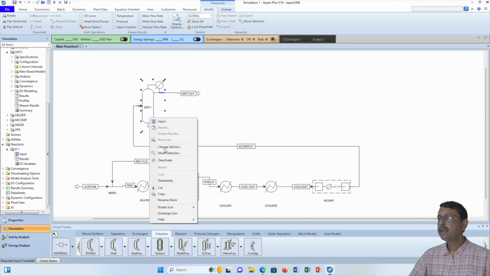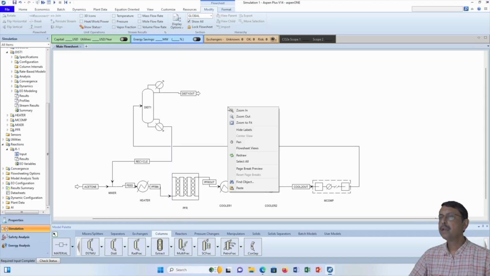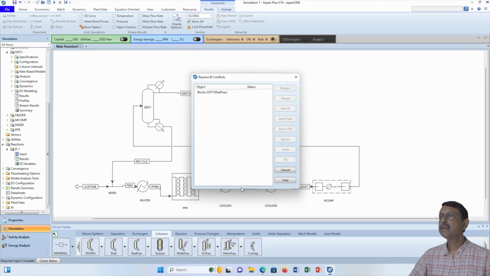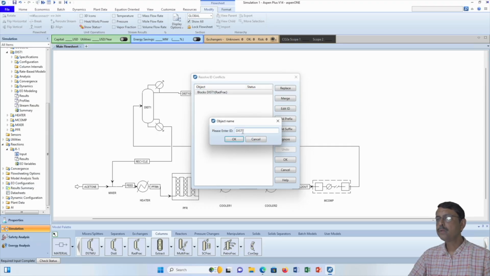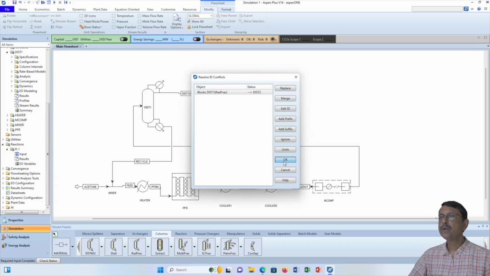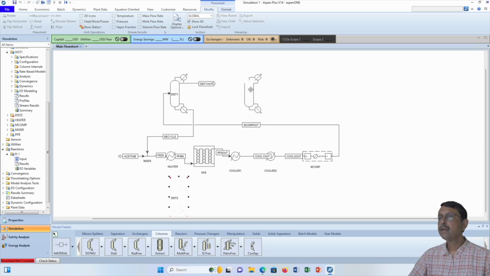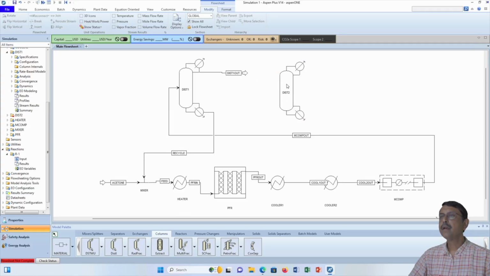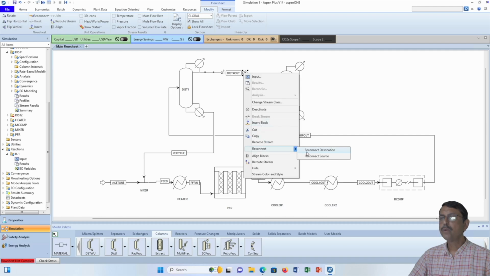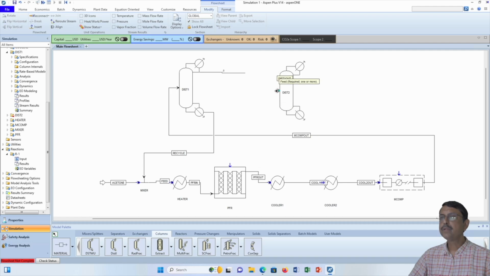So we copy and then paste, edit the ID to distillate 2. Okay, so this one will go into the distillate 2.